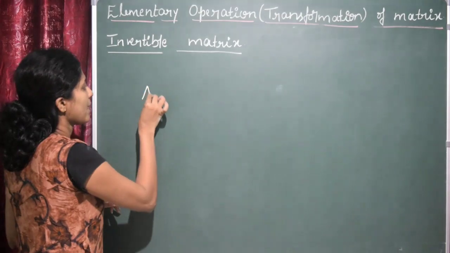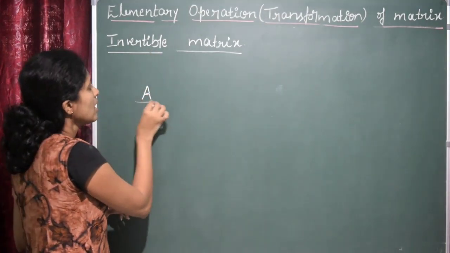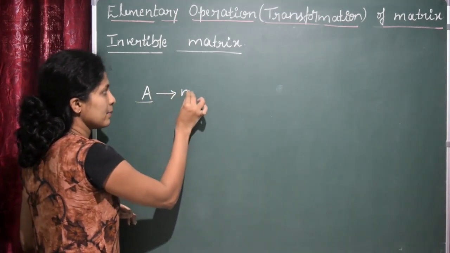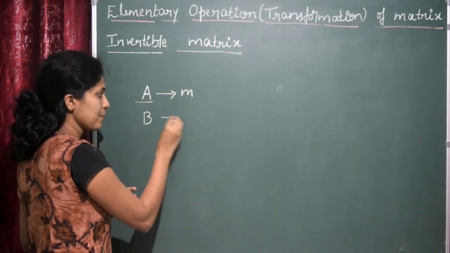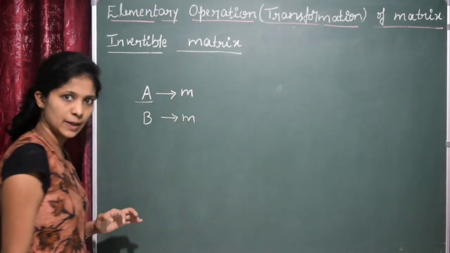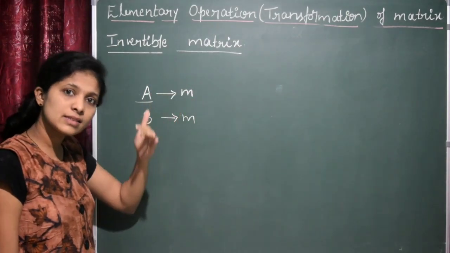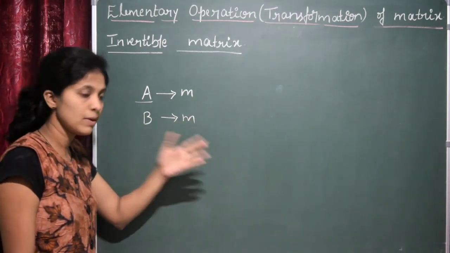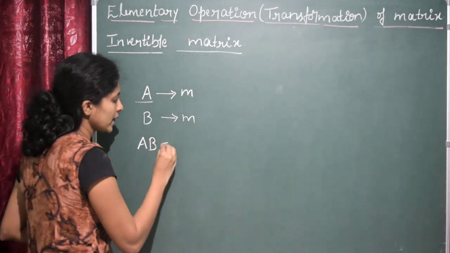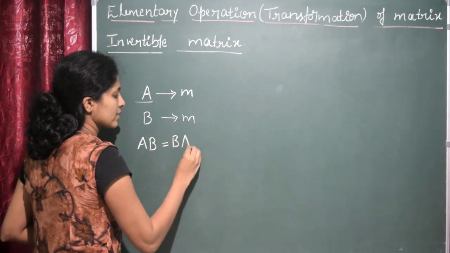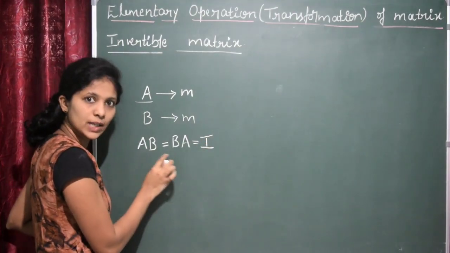Suppose I consider a matrix A. The inverse exists only for a square matrix. If A is a matrix of order M, and there exists a matrix B of order M, so the matrix orders should be the same, then if I multiply A and B, the product should be equal to B and A, that is equal to I. Actually AB is not equal to BA in general, right?